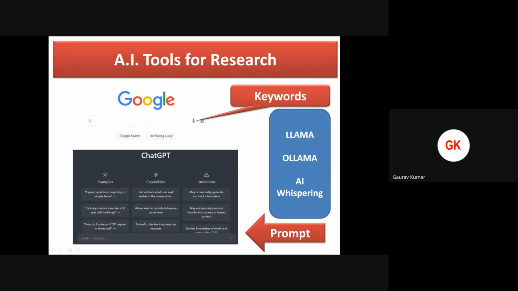You might have heard a particular term that is known as LLM, large language model. At the back end of each and every AI based tool, whether it is ChatGPT or Gemini or Copilot or Microsoft Designer or Perplexity, thousands of tools available.